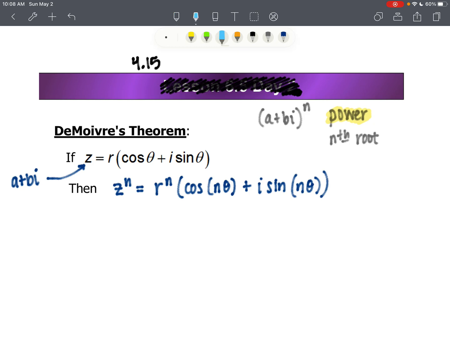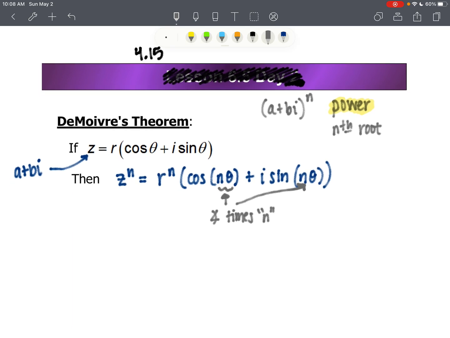So what we're doing right here is we are taking the angle times n in both of those situations. And I'm going to walk through an example, so I'll show you.